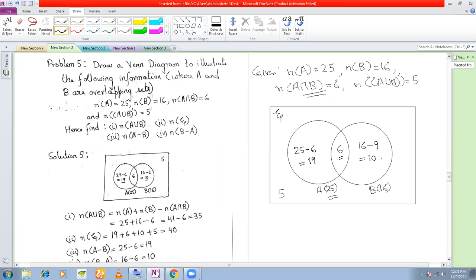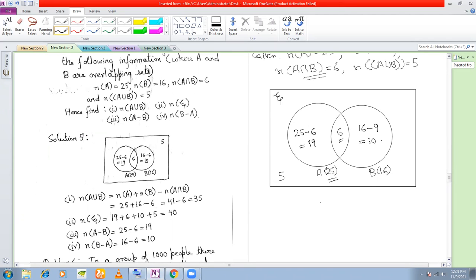Now you have to find the cardinality of A union B. First question: what should be the cardinality of A union B? It should be 19 plus 6 plus 10, so this should be 35.